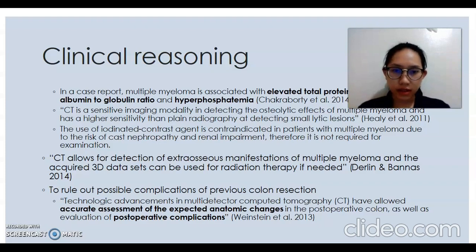And it was stated in Weinstein et al. that technological advancements in MDCT have now allowed accurate assessment of the expected anatomic changes in the post-operative colon, as well as evaluation of post-operative complications.